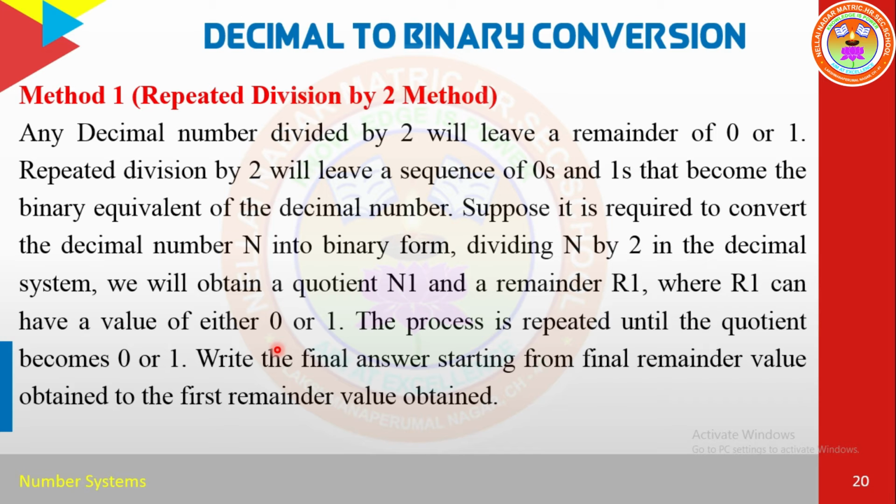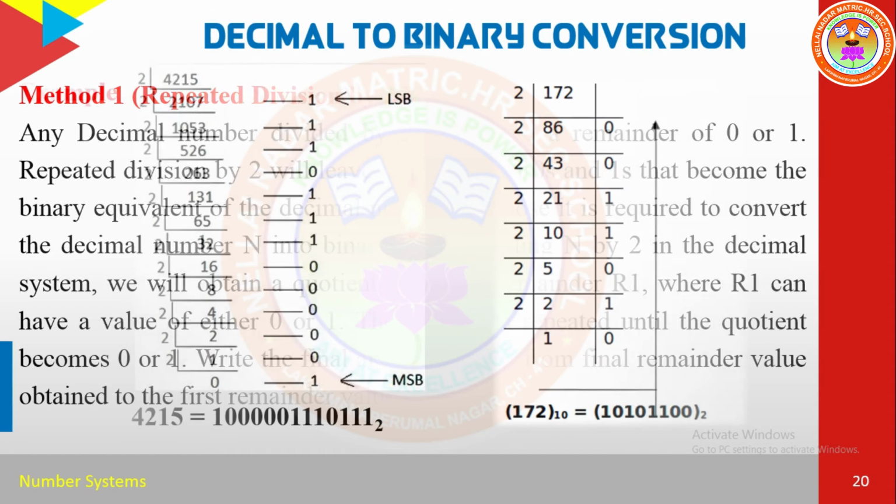Write the final answer starting from the final remainder value to the first remainder value, so you can write the values from bottom to top. So that is the procedure to solve the repeated division by 2 method, especially for converting a decimal number to binary.